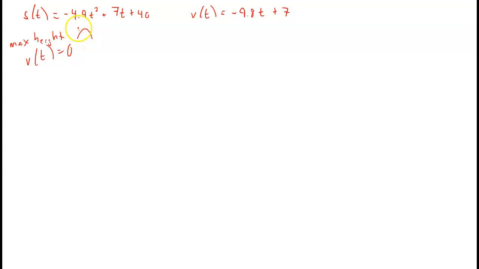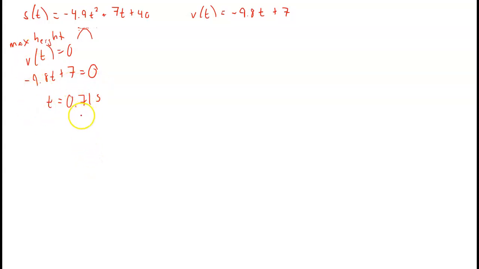So the velocity, the derivative, must in fact be 0 there. So I'm going to take my velocity function, set it equal to 0, and then solve for t. The written version has all of the steps. So I'm going to simply get to t equals about 0.71 seconds.